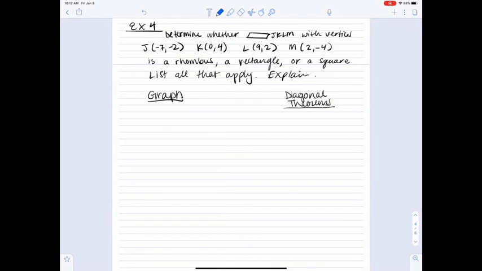So the first thing I'm going to do is graph this. Go ahead and look: the biggest number I need is 9, and the smallest number I need is -7.